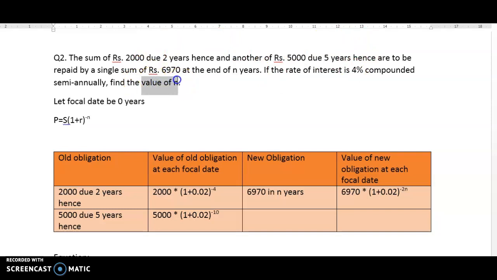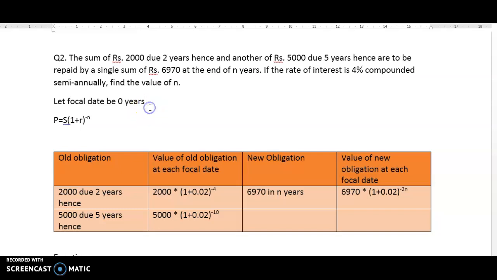Whenever the question says that you have to find the value of n, you will assume your focal date to be 0 years. That is, your focal date is your present date value, so you have to convert all your obligations to your present date. Just remember, whenever you have to find the value of n, you have to decide your focal date to be your current date.